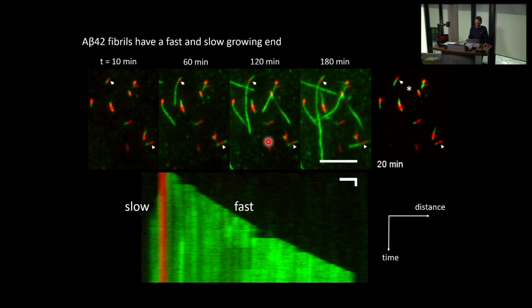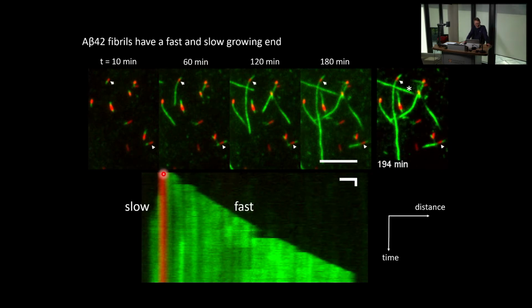There are interesting things we find out when we look at these individual molecules. We see, for example, that for amyloid beta, the growth is asymmetric. One end of the fibrils grows really quickly, and the other one grows very slowly.